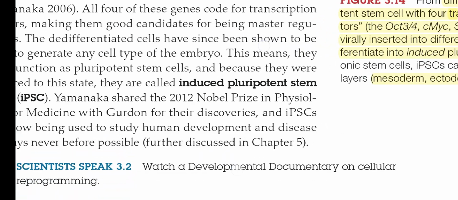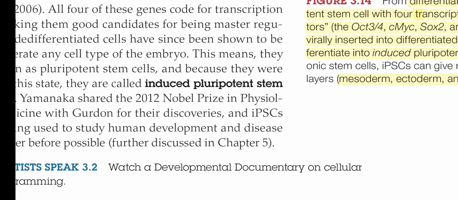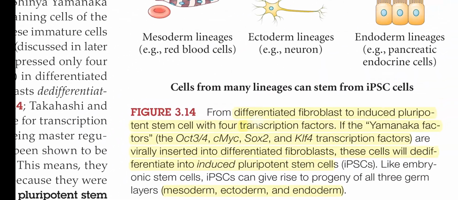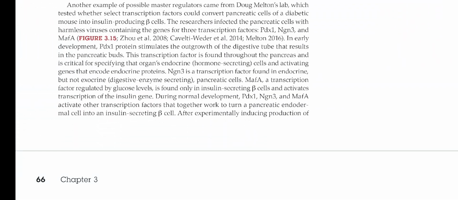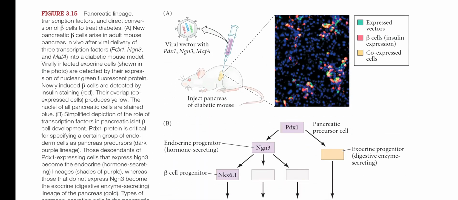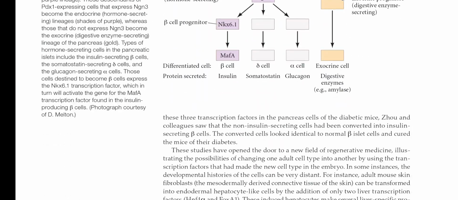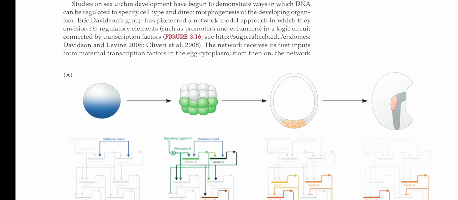This is what we call induced pluripotent stem cells. Transcription factors play an important role in regulating those kinds of cell differentiation mechanisms. Here also something like that has been done.